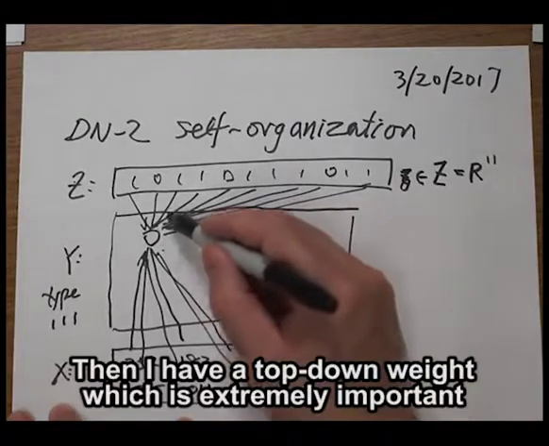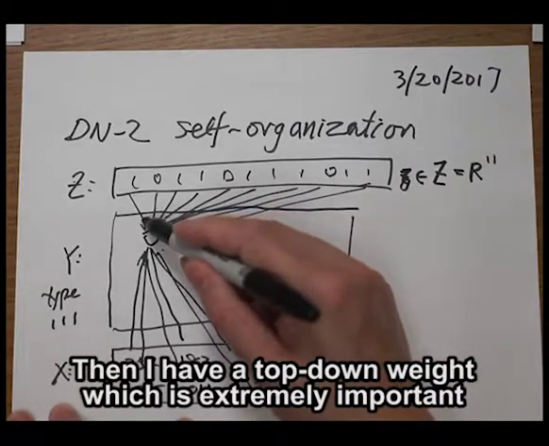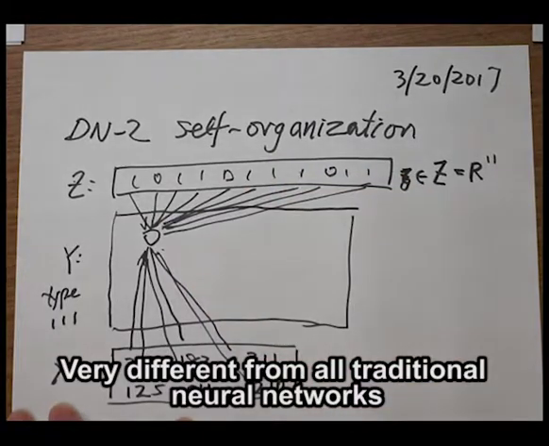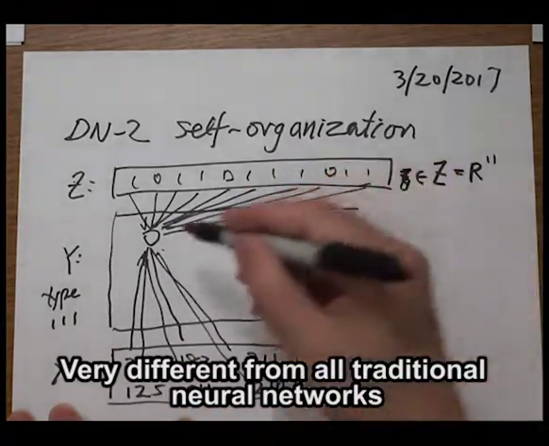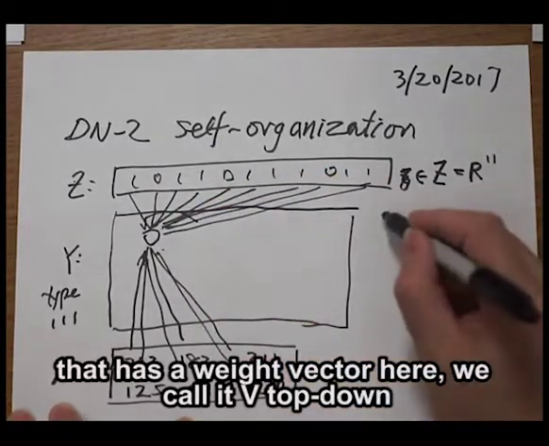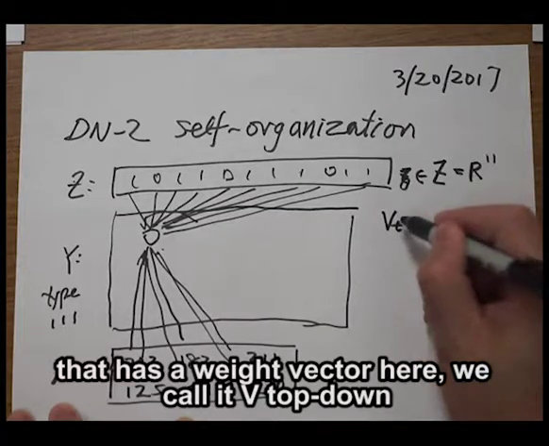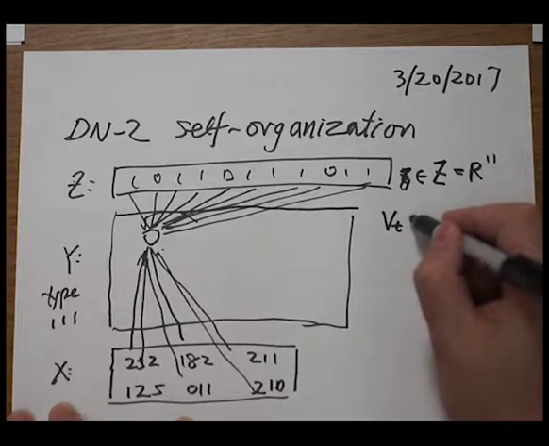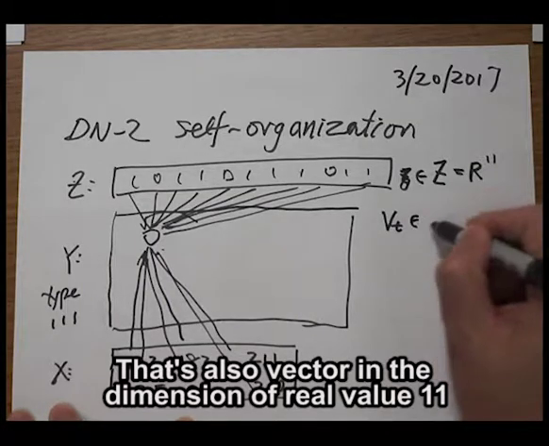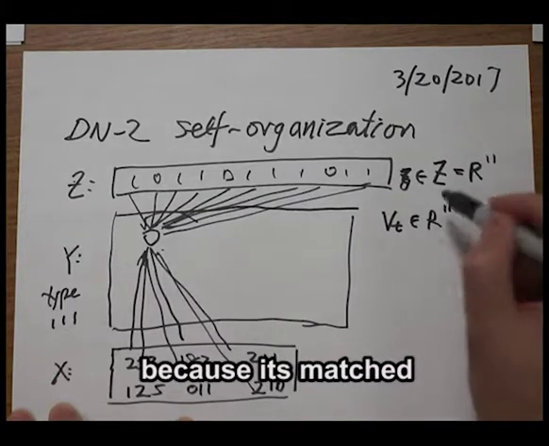Then I have a top-down weight, which is extremely important for the DN. Very different from all traditional neural networks, it has a weight vector here. We call it V top-down. That is also a vector of real values in 11 dimensions because it is matched.